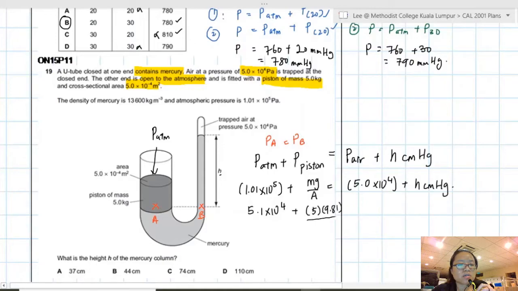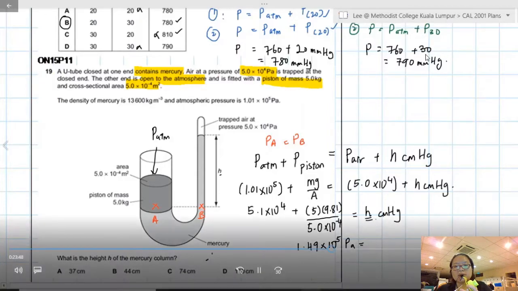Mg is 5 kg, so don't forget to multiply by 9.81 divided by the area. So this is H cm mercury. Okay, so I'm going to press the calculator to see what I get on the left side. Based on what I got on the left side, this is Pascal.